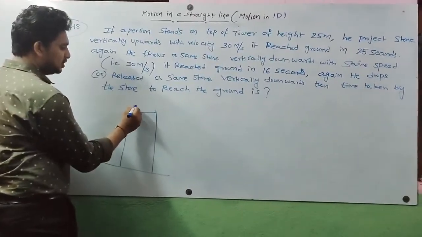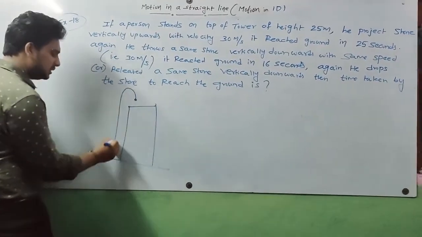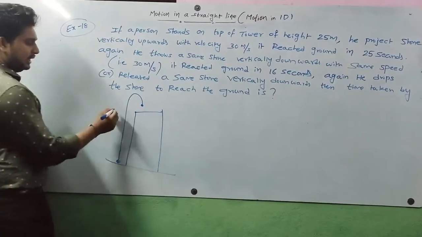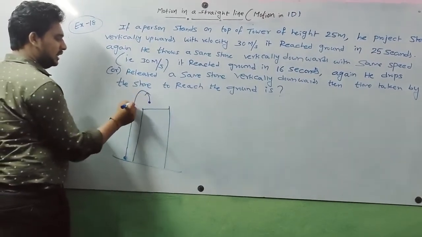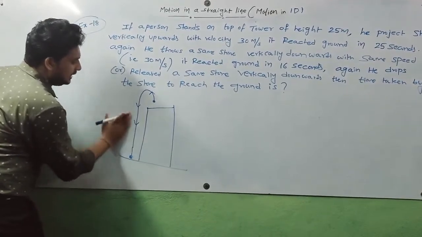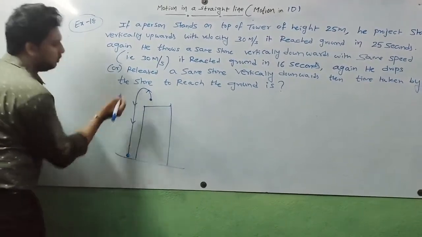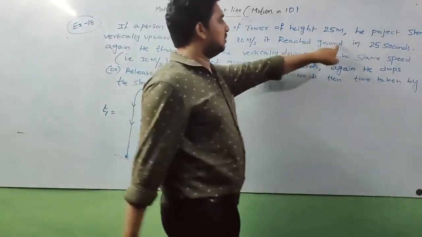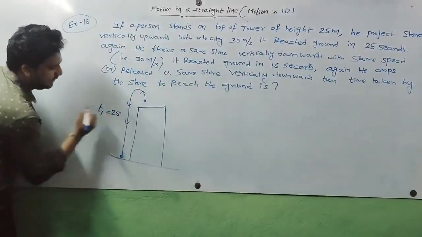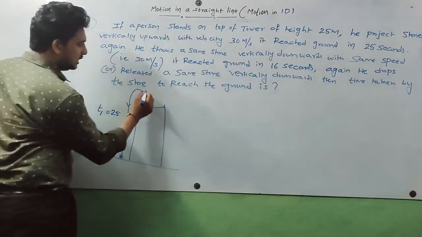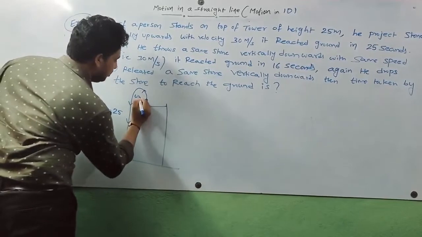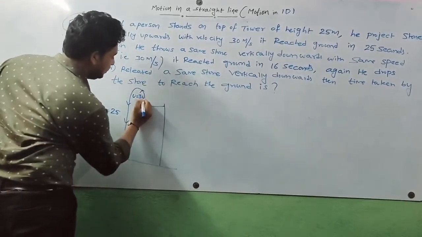One stone is projected vertically upwards and it reaches the ground in T1 seconds. So T1 is equal to 25 seconds, with initial velocity U equal to 30 meter per second.